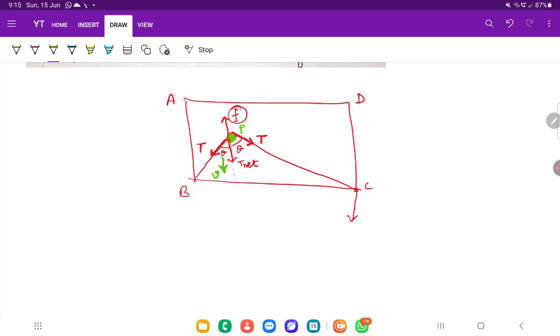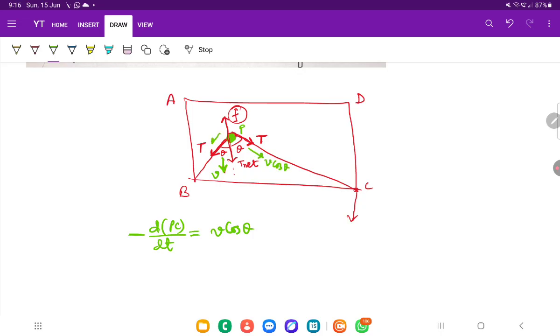Now what you can conclude is that lengths PC and PB will both change with time. So what about the rate of change of PC length? d(PC)/dt, we can write it with a minus because the PC length will decrease with time with a magnitude of v cos theta, as this v is along T net, so along PC the velocity will be v cos theta.